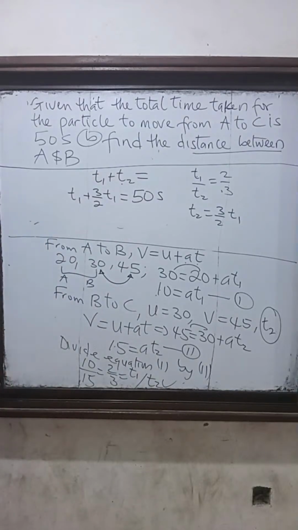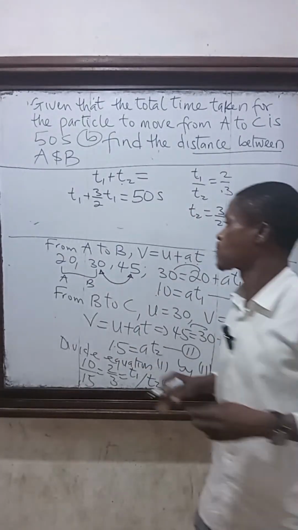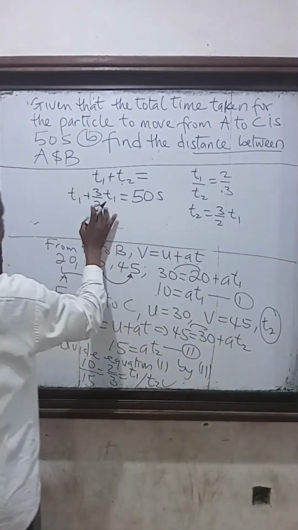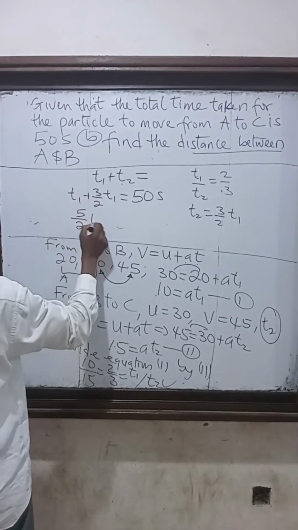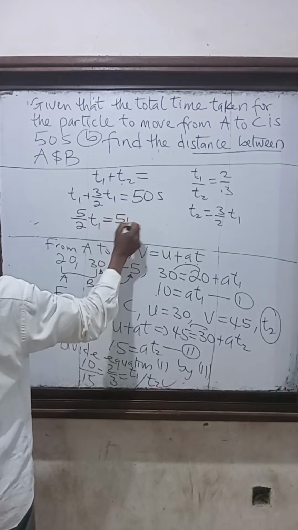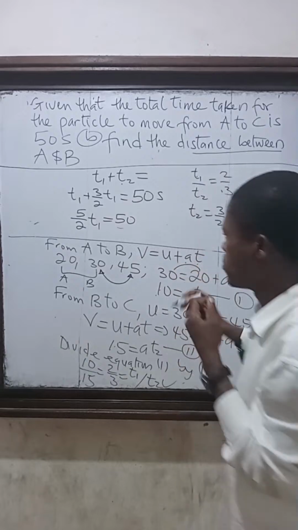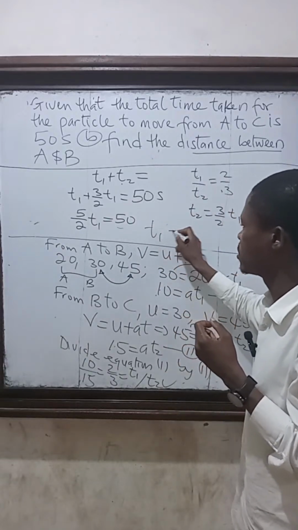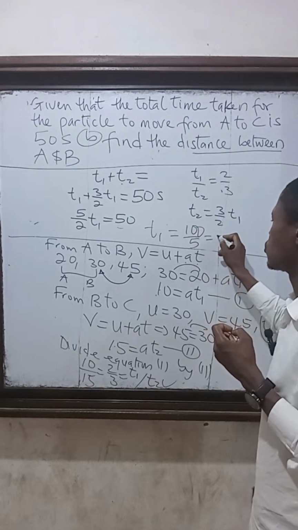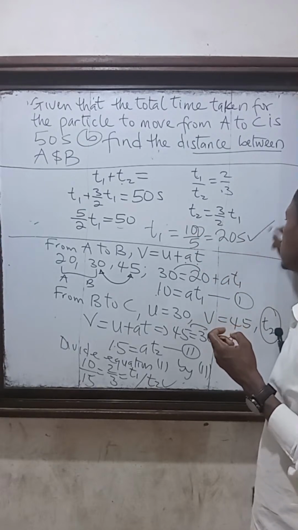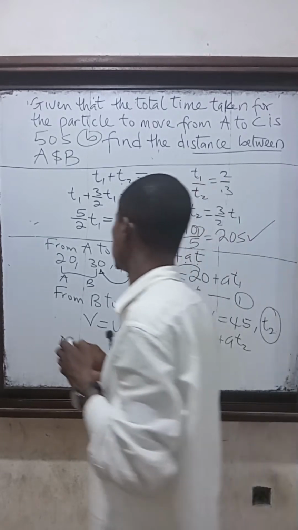So we have 5 over 2 T1 equal to 50. We make T1 the subject, which will be 100 over 5, and that's 20 seconds for T1.